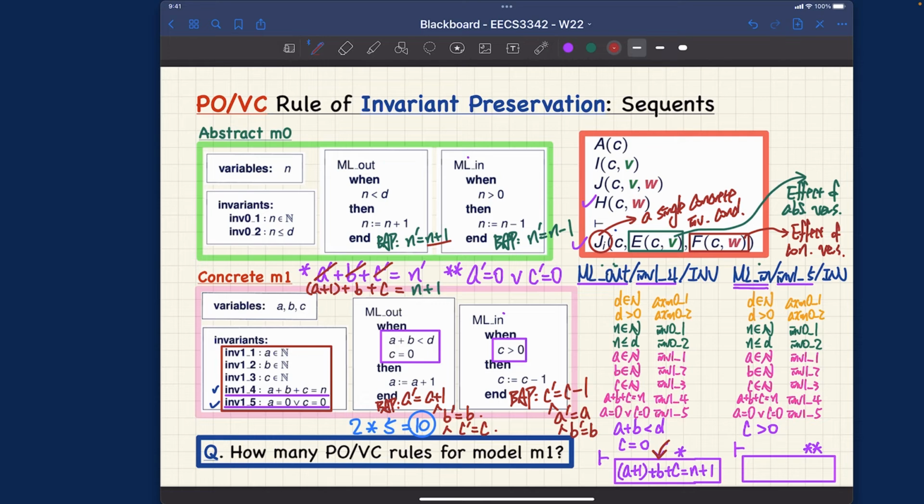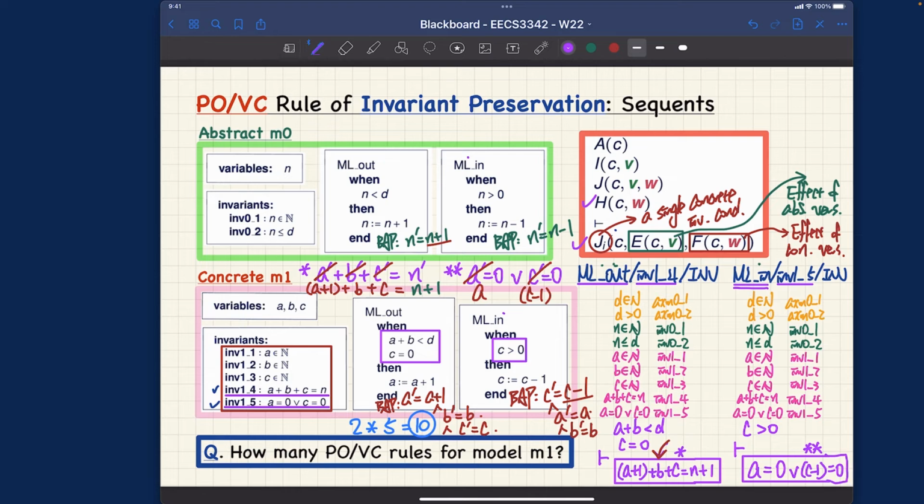Here, you can see A prime would just be replaced by A. What about C prime? C prime should be replaced by C minus 1. So overall, we got A equals 0 or C minus 1 equals 0. That's all we got. So I'm going to put A equals 0 or C minus 1 equals 0. And again, I just need a little bit more space over here.